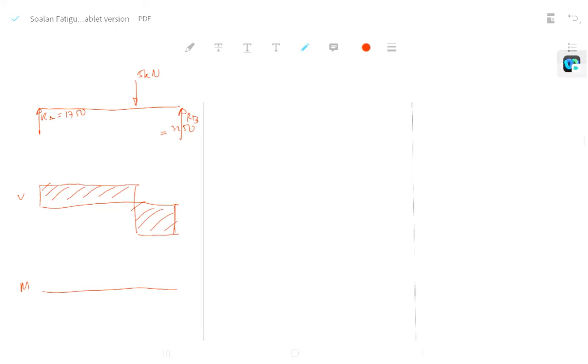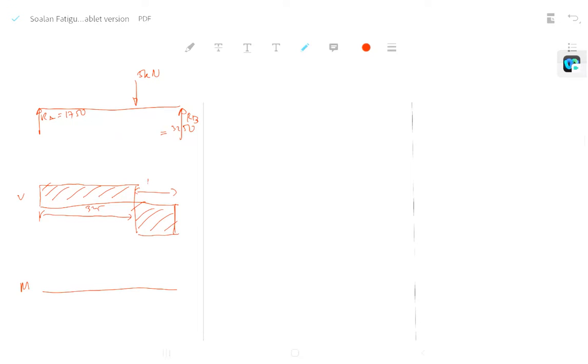Then for the moment diagram, you need to multiply 1750 times the distance. So the distance here is 325.